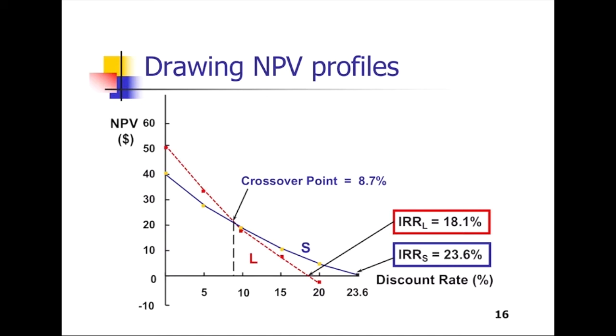This graph shows the NPV profiles. So the x-axis means the discount rate, the WACC, and the y-axis means NPV. So the discount rate is the WACC.